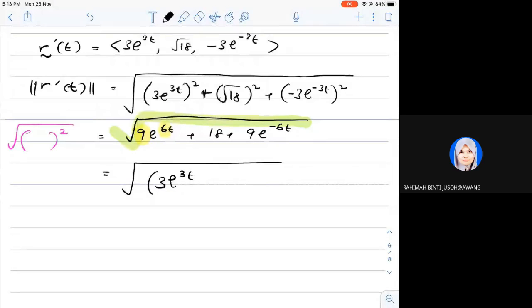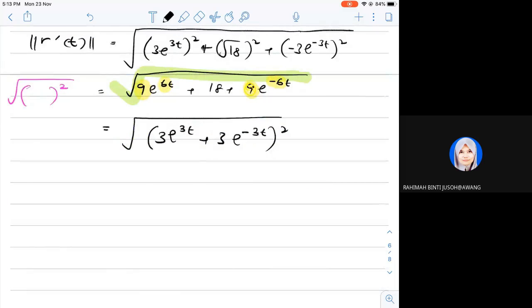And then look at the end value, 9. So we will have plus 3, and the exponent negative 6 becomes e^(-3t), squared. Now I would like to prove that this term is equivalent to the upper terms.